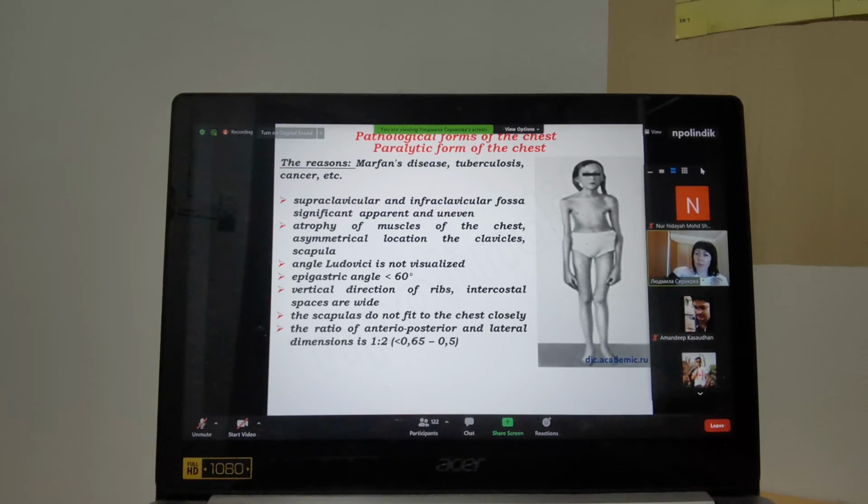One may be a little more retracted, the other less. So it is really asymmetrical. We can see atrophy of muscles. The other characteristics are similar to the asthenic form of the chest, but asymmetrical.